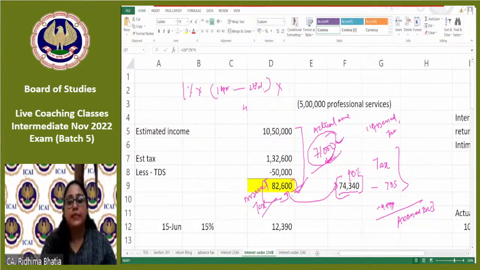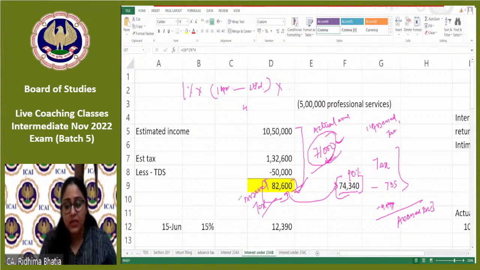What is the amount on which the interest should be deposited? Think about it. You are the government, you have to collect interest from someone. Interest is always taken on the due part, which is unpaid. Unpaid is 82,600 minus 71,000 and not minus 74,340. Why?